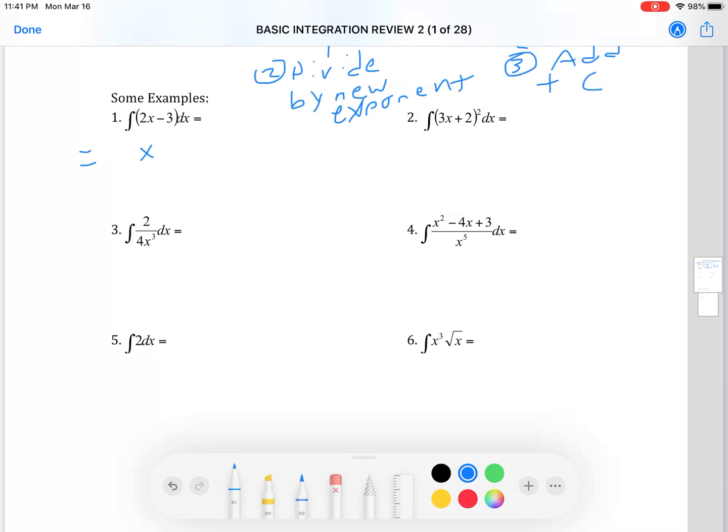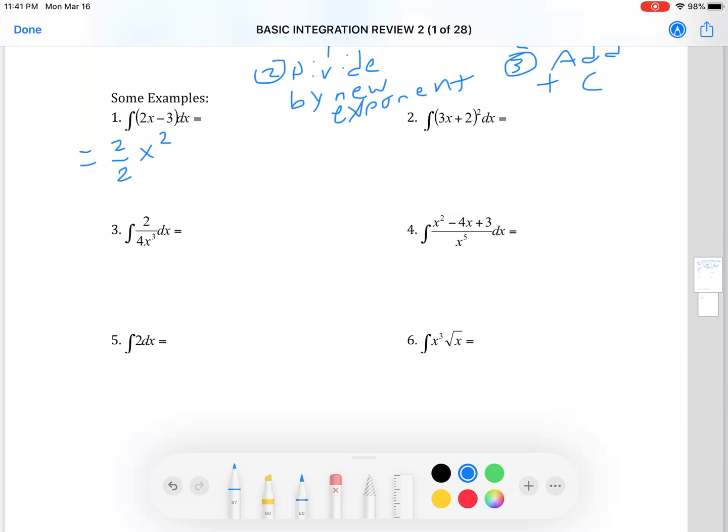So I add 1 to the exponent, and if you're doing this the first few times, you take that coefficient, you divide by the new exponent.